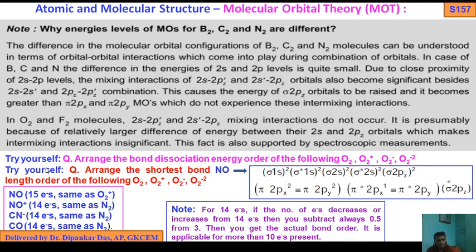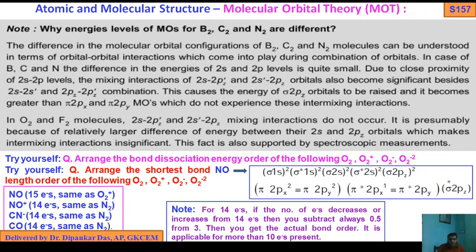Also another question: arrange the shortest bond length order of the same species. Just like the same question, but asked a different way. Suppose O2 plus has bond order 2.5. If the bond order is high, you have to supply more heat to rupture this bond.